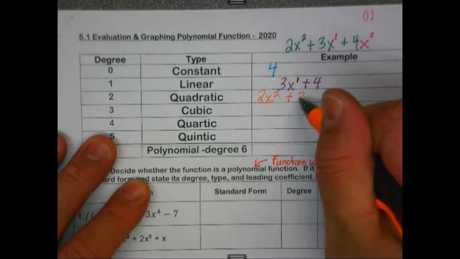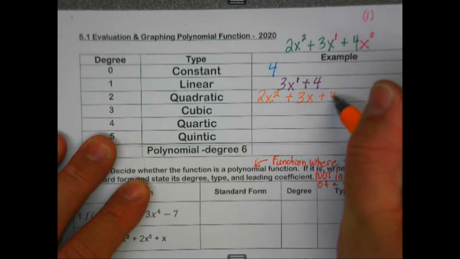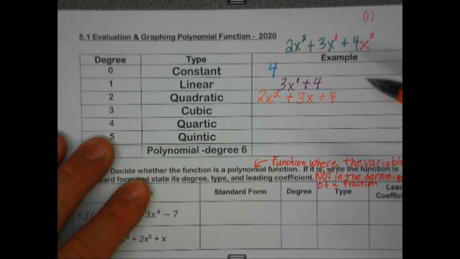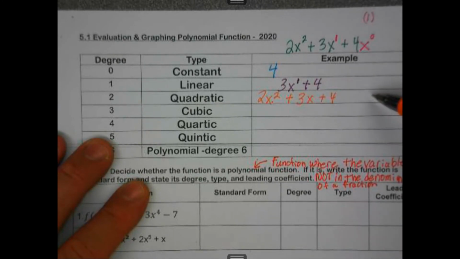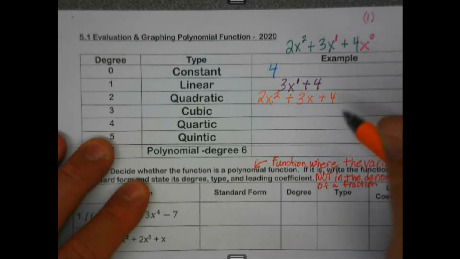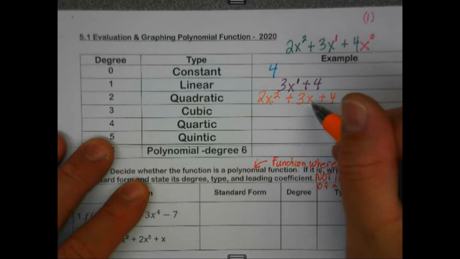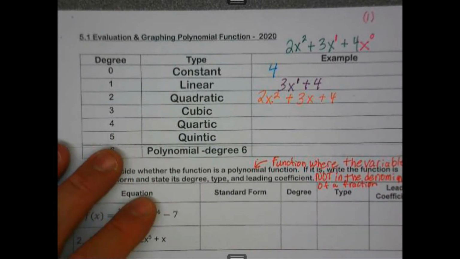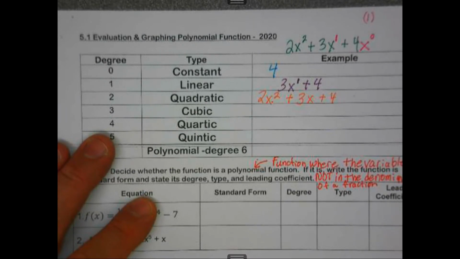If I had the 3x and the 4 with that, that's also a quadratic polynomial. Don't have to have the 3x and the 4. Do not have to have stuff after it, except if there's an x in the denominator of any one of these, then it is not a polynomial function.